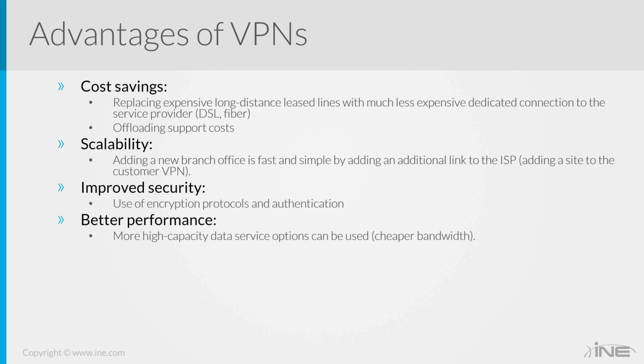Better performance: more high capacity data service options can be used, and cheaper bandwidth. Nowadays, I have lots of customers that have point to multipoint and point to point layer 2 and layer 3 services that are in the hundreds of megabits per second. Normally speaking, layer 3 VPN is typically going to be a lower bandwidth type of setup, and L2 VPN is going to be a higher level of bandwidth.